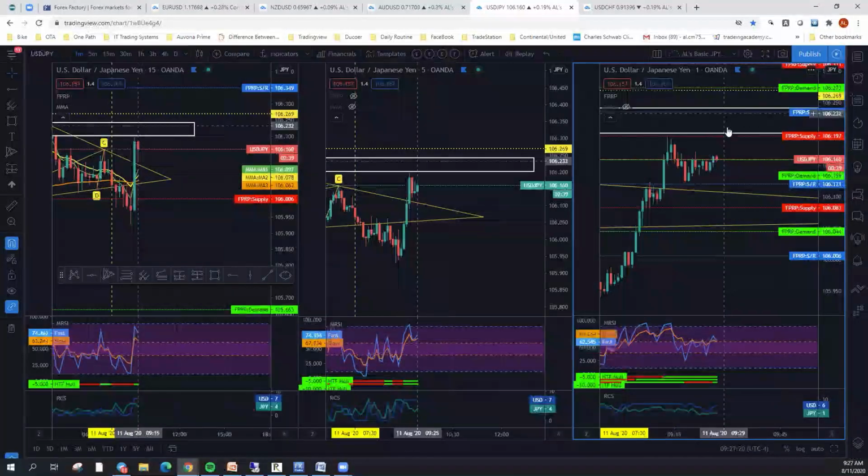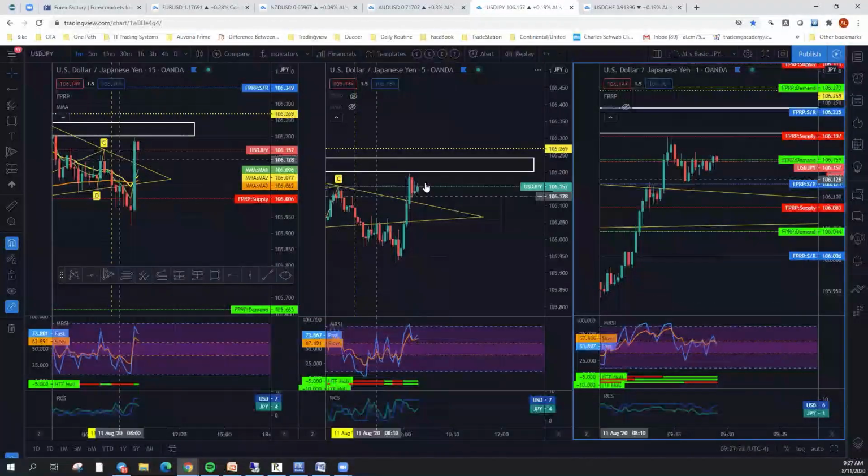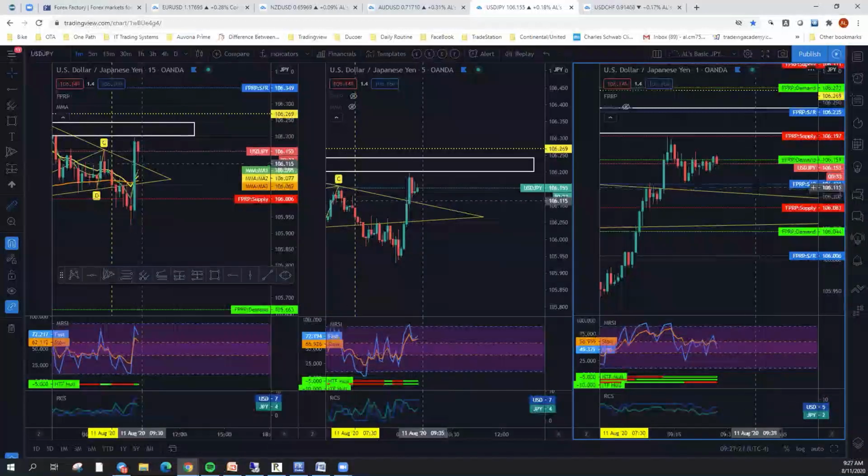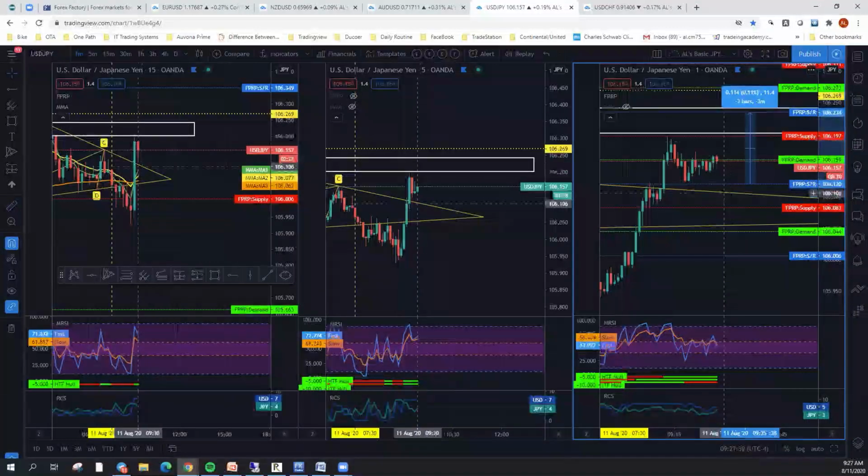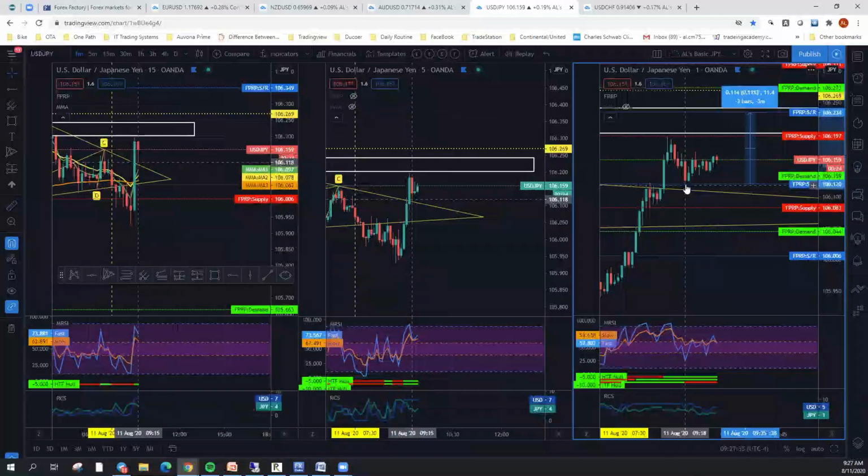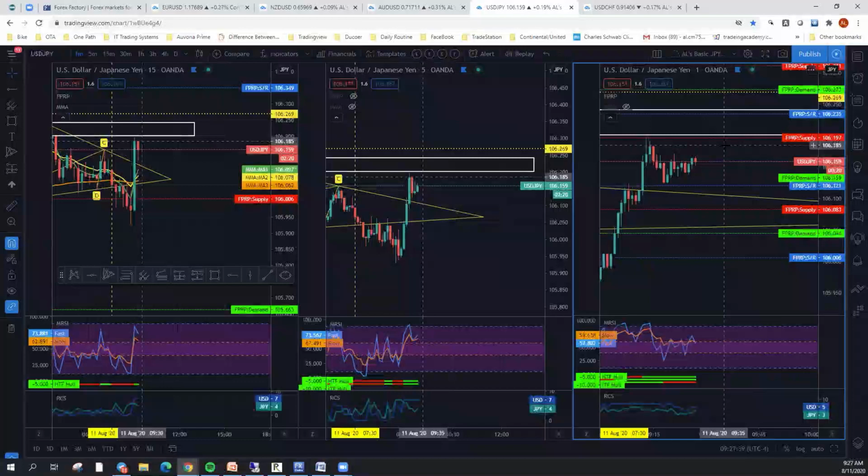Right now it's in between the two blue, which is about, I think, an 11 pip range from the blue to the blue. Yeah, about 11 pips. So right now it broke this area, came back, retested it, and now we're waiting to see what it's going to do. So right now it's trading inside this range right in here.